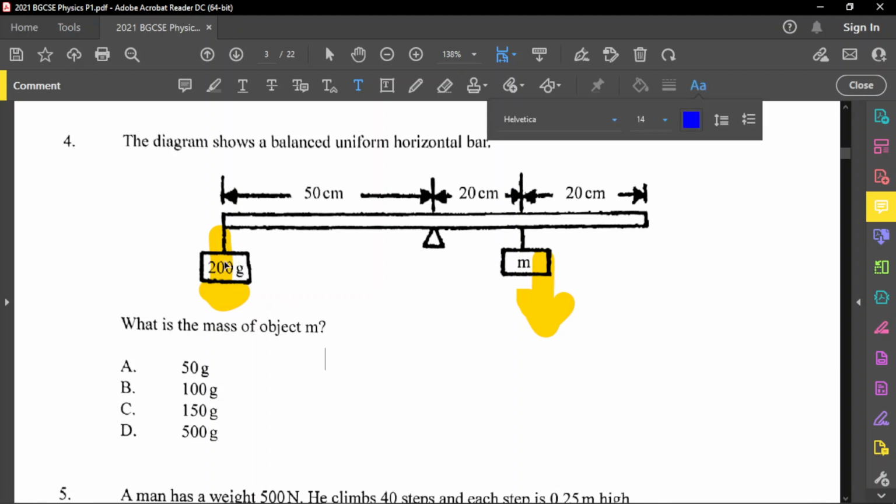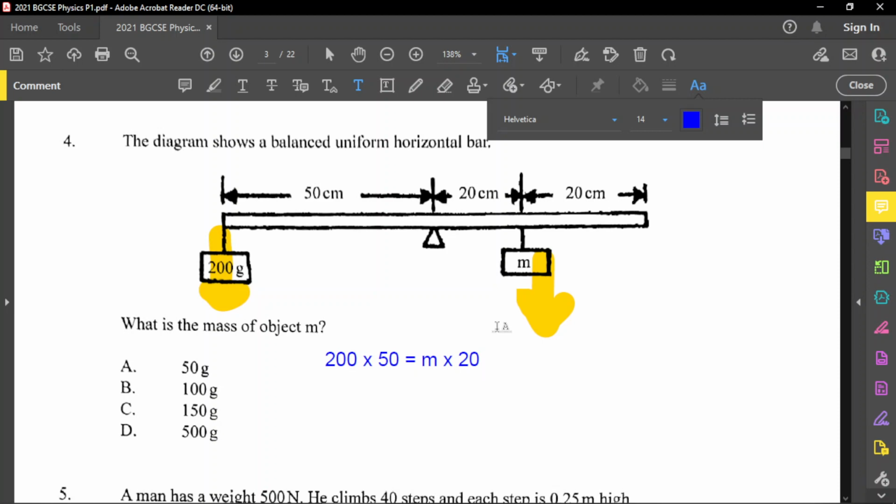So the first thing here, as I've said, at the moment, is there's a weight or the mass or the force acting from the pivot. For the anti-clockwise moment, it's going to be 200 grams multiplied by 50 centimeters acting from the pivot, equals our mass, which is m, that we do not know at this time, multiplied by 20 centimeters acting away from the pivot.